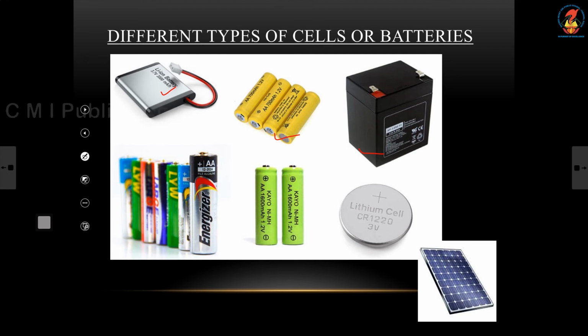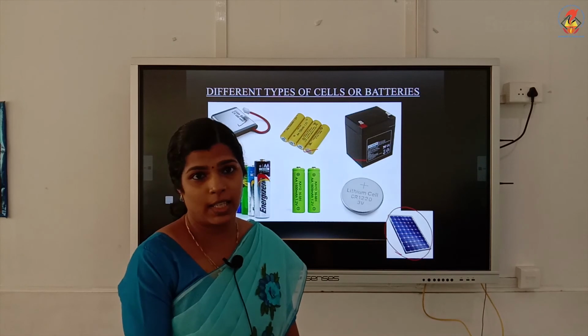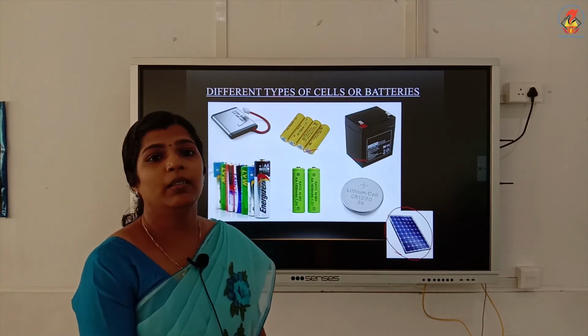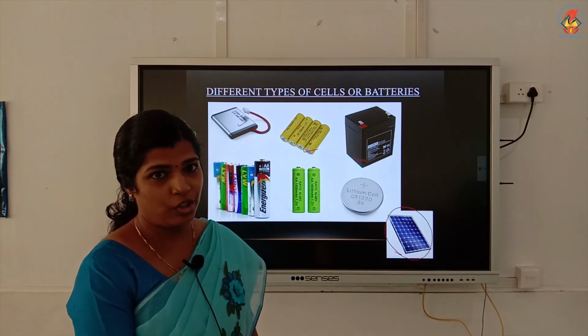But all these ones are not like that. Then this one is a solar cell. In all these batteries, chemical energy will be there inside the cell, and chemical energy will be converted to electrical energy.